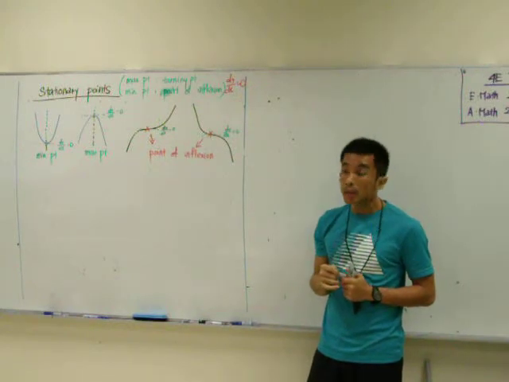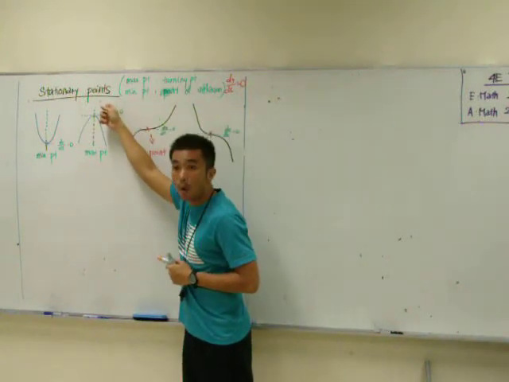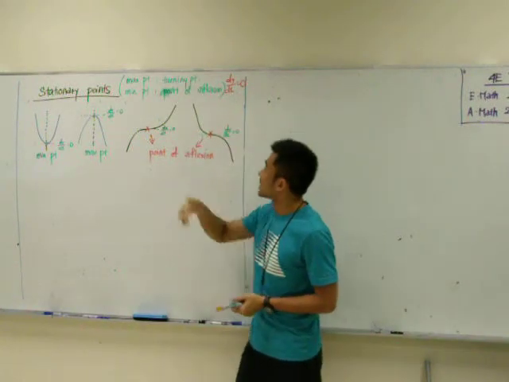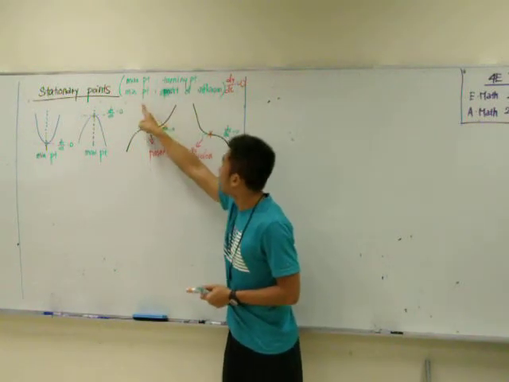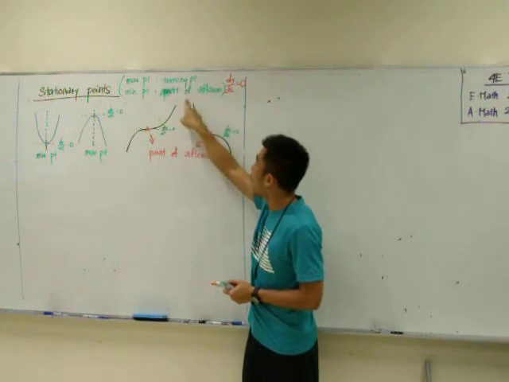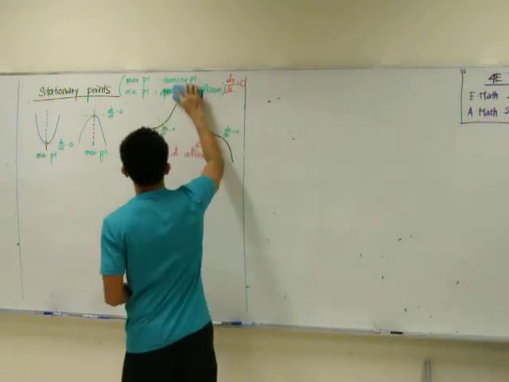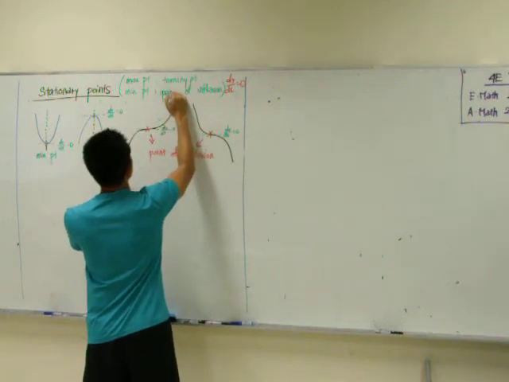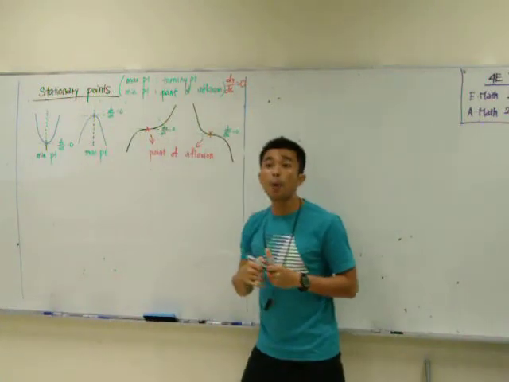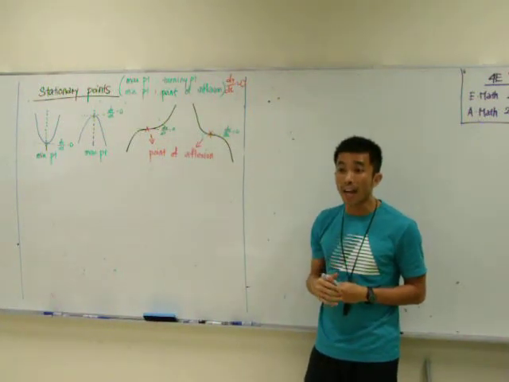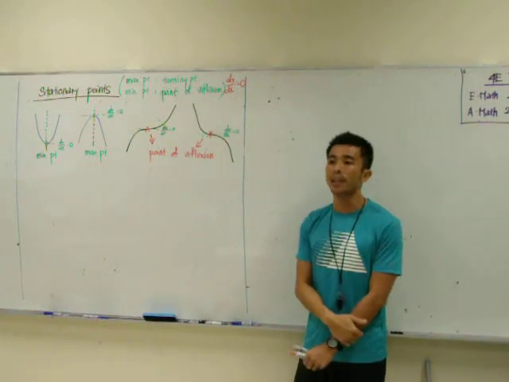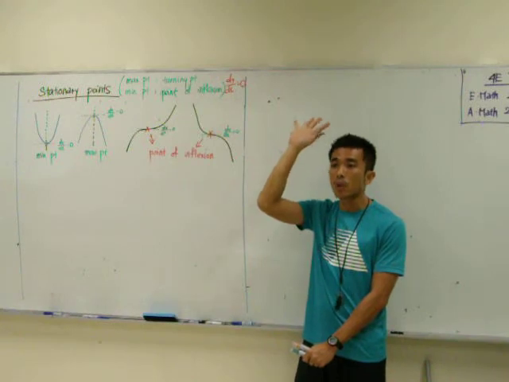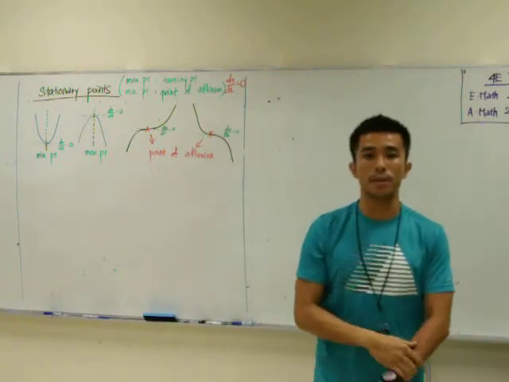All the gradient of these stationary points will always be equal to 0. Regardless, it's a maximum point, it's a minimum point, it's a turning point, or a point of inflection. Their gradient will always be equal to 0. So basically, the word problem will just require you to find the coordinates of all these stationary points. Okay? So far, so good? Good. Please copy this down first, if you need to.